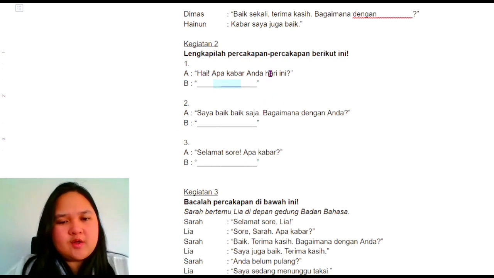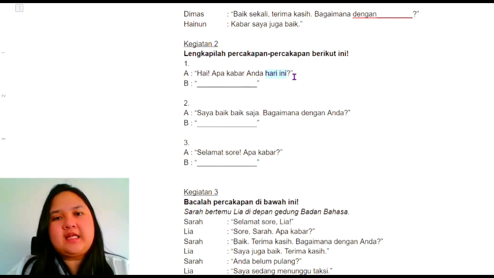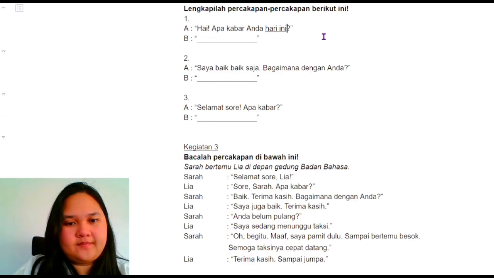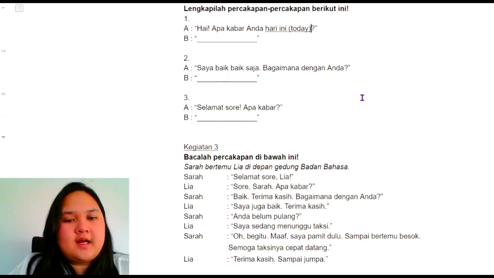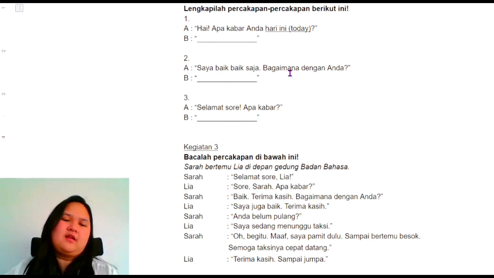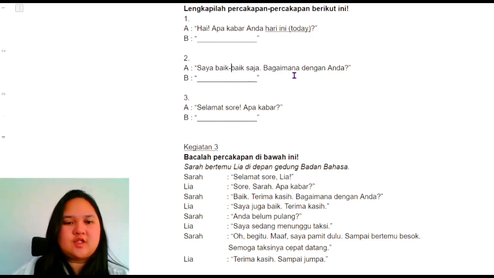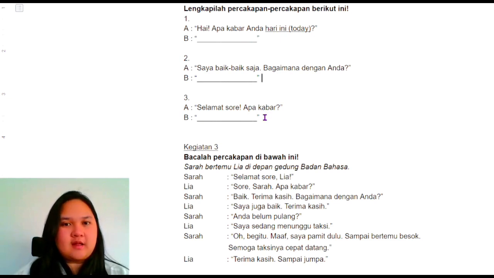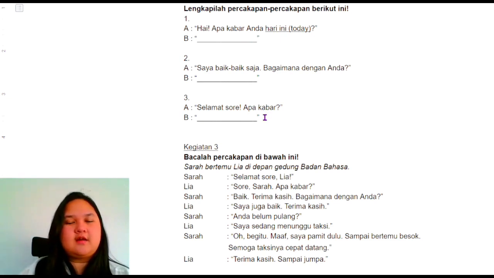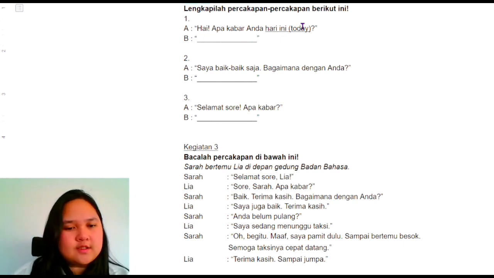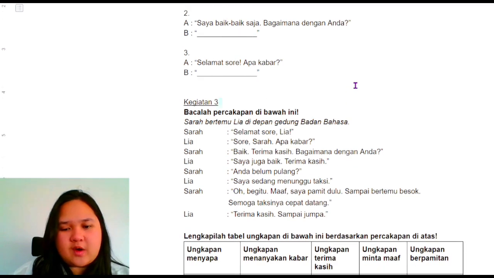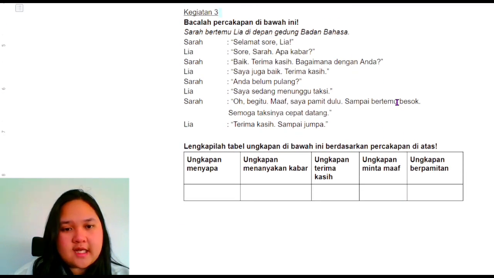Here we have a new word, hari ini. Hari ini means today. And the rest is the same words, just repetitive. So, what would you answer? You can write me the answer for this exercise number 2.